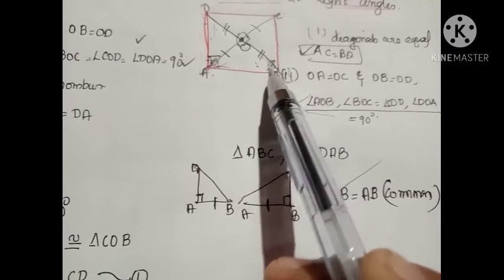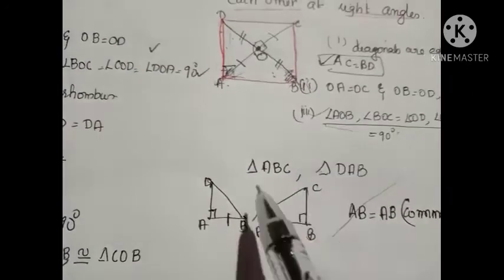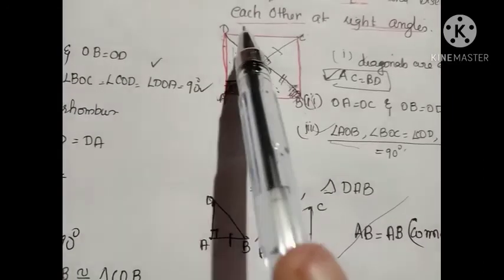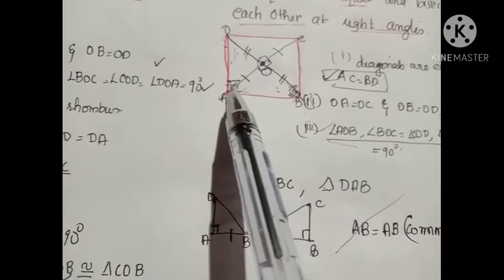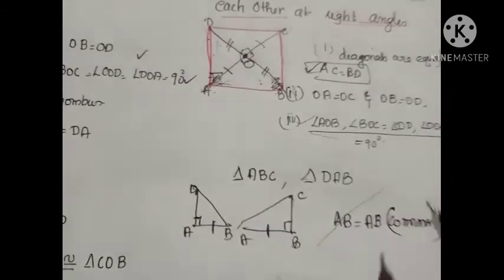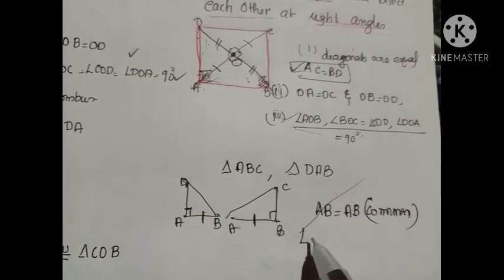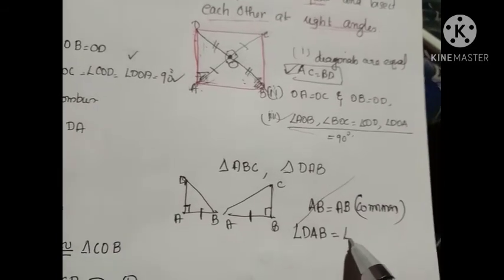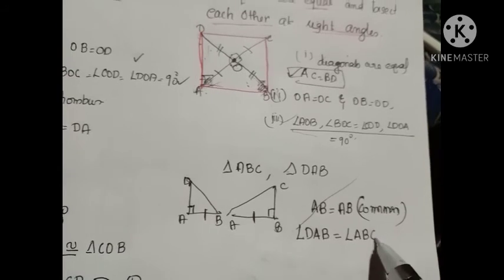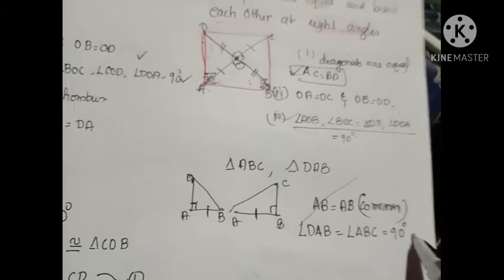This is also 90 degree because ABCD is a square. So angle A is same as DAB. Angle B is same as angle ABC. So we can write angle DAB equals angle ABC. Both are equal to 90 degree.